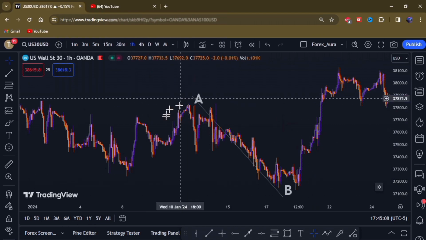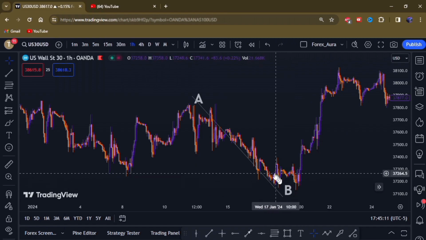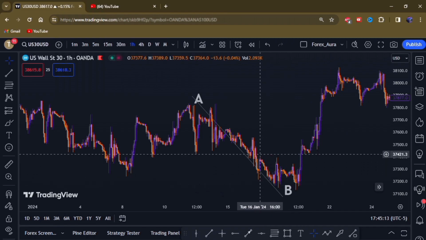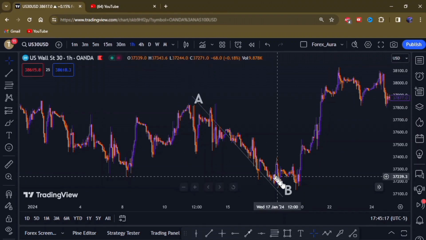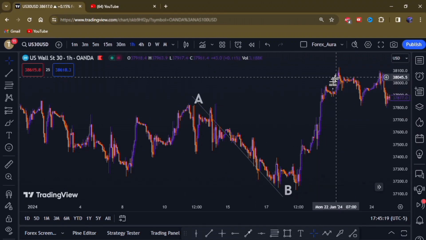So now you want to go through the market looking for something that is repeating all the time. As we can see here, what's repeating? That the market goes down and up, trending.